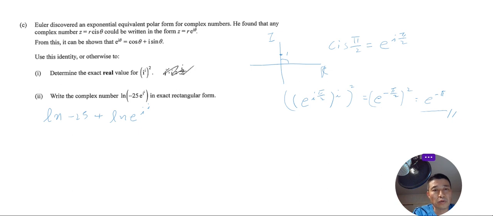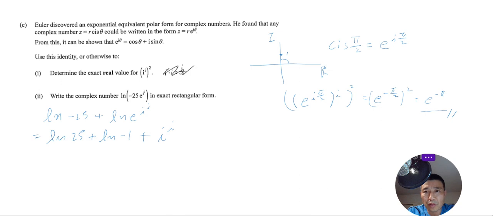Natural log e is just 1. And the front part, I can rewrite natural log 25 times negative 1, which is ln 25 plus ln negative 1, isn't it? And as I said, this is simply i to the power of i. Hold on, we've done this i to the power of i.